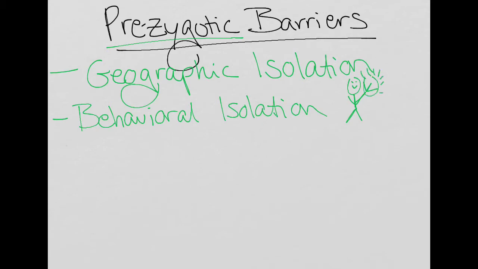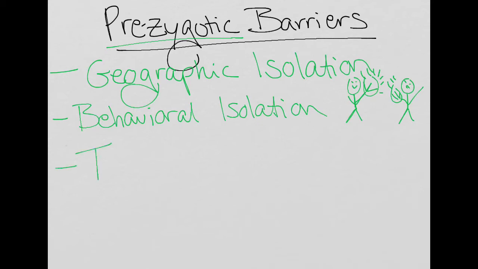I'm waving my left hand, but someone else over here attracts by waving their left hand, and for whatever reason, that behavior is a miscommunication, and therefore these two organisms don't reproduce. And so that is a reproductive barrier, behavioral isolation. They are not attracted to each other.